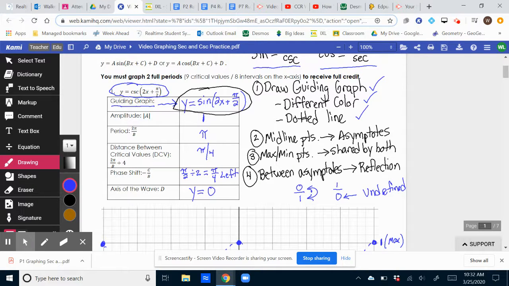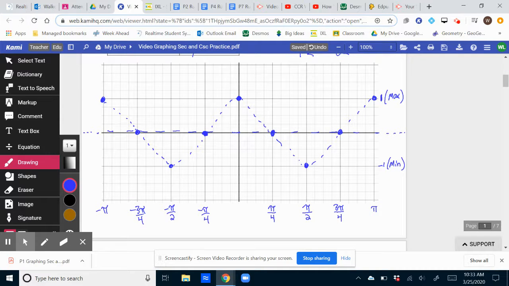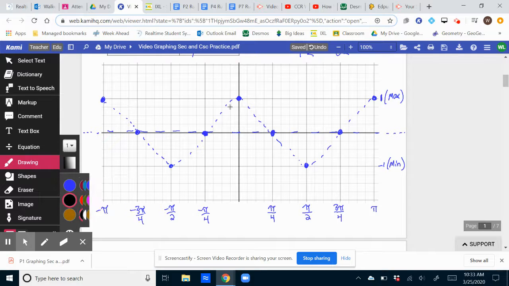Okay, and therefore, what do I have at all those midline points? I have asymptotes. Okay, so everywhere that you see a midline point on your sine graph, and sorry, I should switch now to black because this is my actual graph I'm creating here. Those are vertical asymptotes.